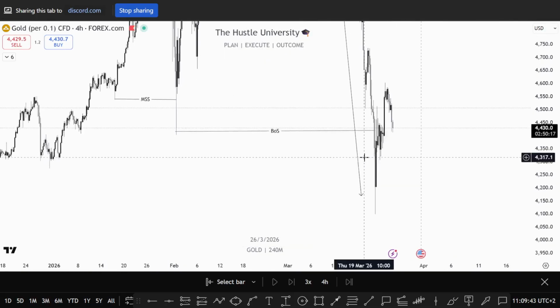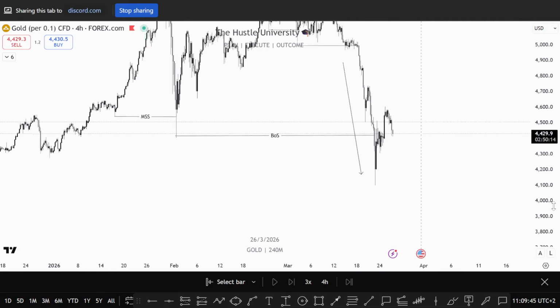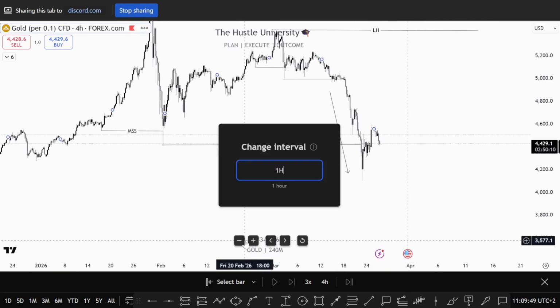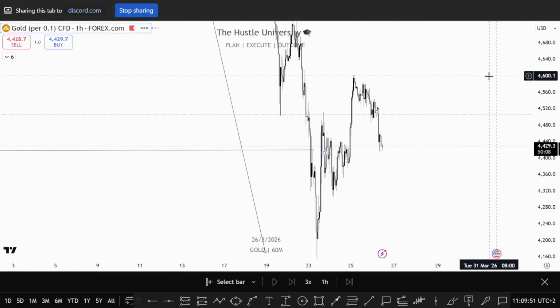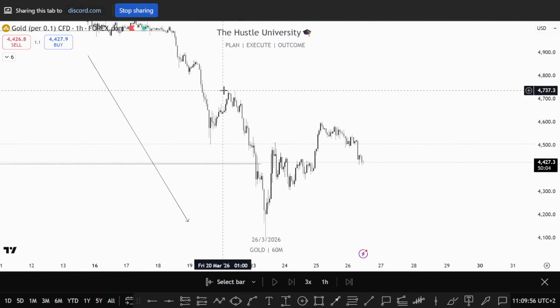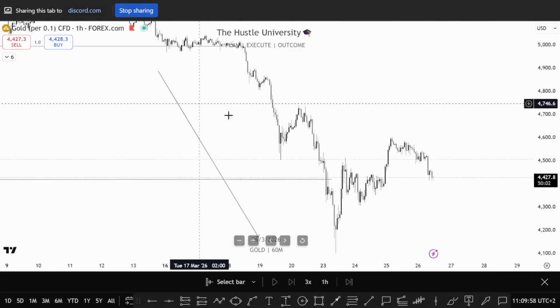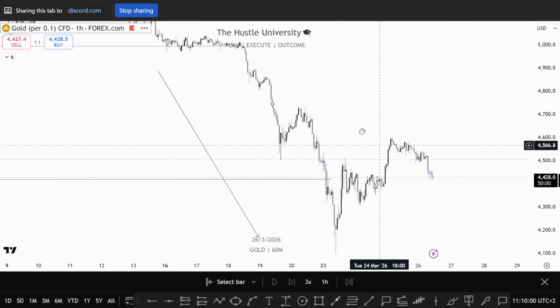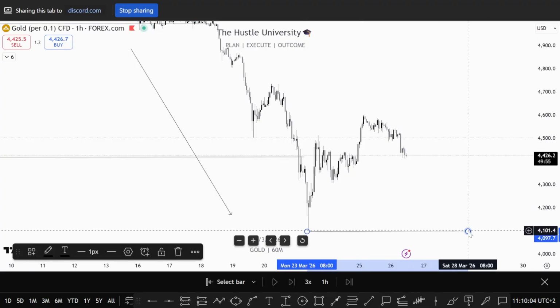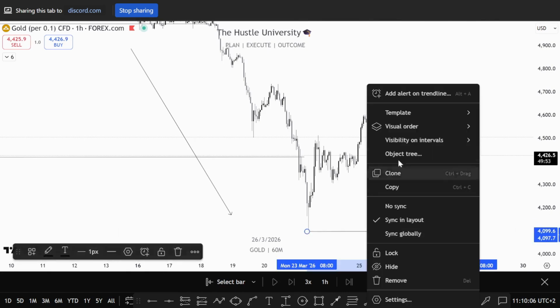Still not a problem. So with that being said, what I would eventually love to see at this moment, as you can see, when we drop down to the 1 hour, we do have a range on the 1 hour, right? Price made a lower low, lower high. Eventually it didn't go back up, but we have a lower low, lower high, right? So we all know this lower low is for both the 1 hour and the 4 hour.